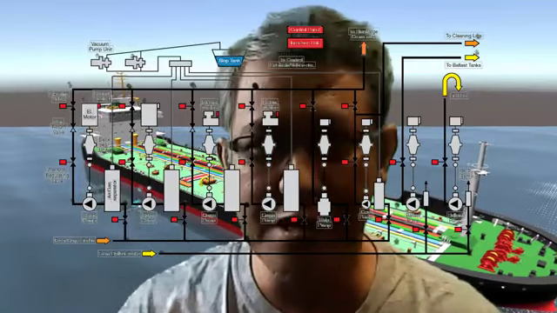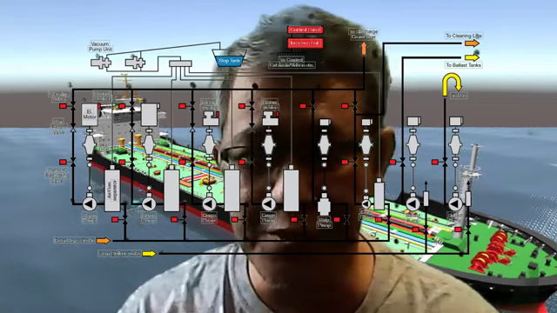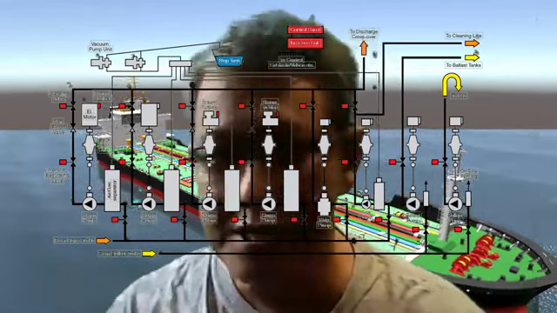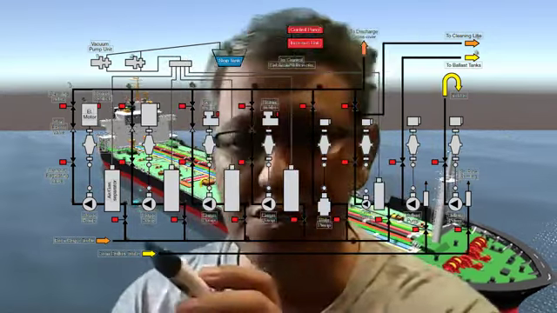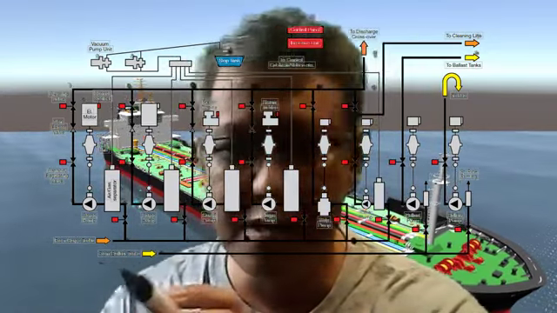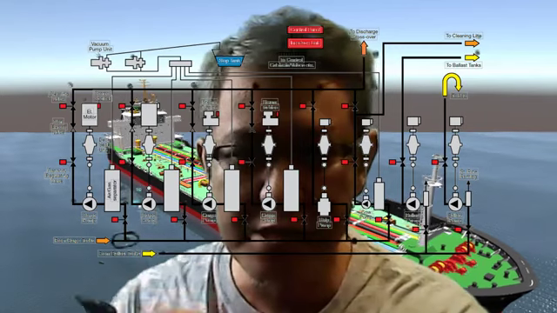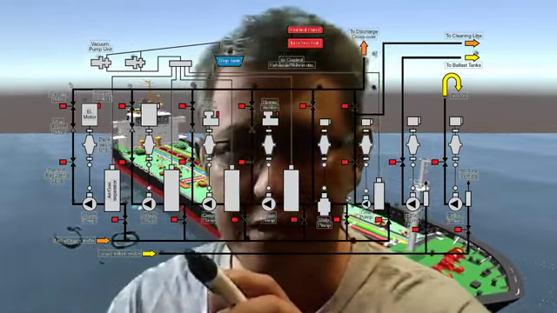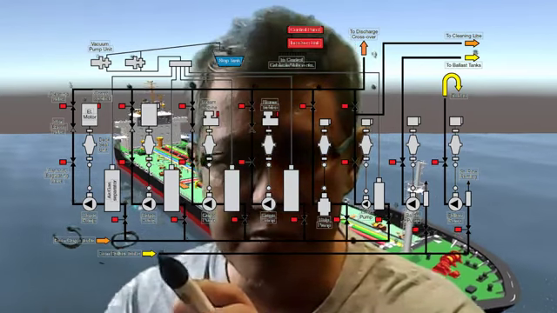Alright folks, for the final recapitulation of this lecture. In this schematic diagram, as you can see here, we have, of course, the line coming from the cargo tanks. This one is from the tanks, and the other line is for the ballast.